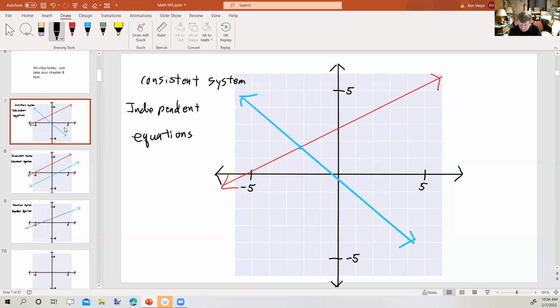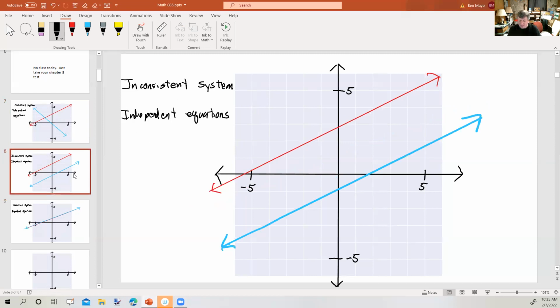So three possibilities. One, the two lines intersect at a given point, and the coordinates of that point would be the solution of the system. We say it's a consistent system because it has a solution, and the equations are independent of each other. Second possibility, an inconsistent system where the lines are parallel, so they do not meet, they do not cross, there is no solution, but the equations are still independent from one another.